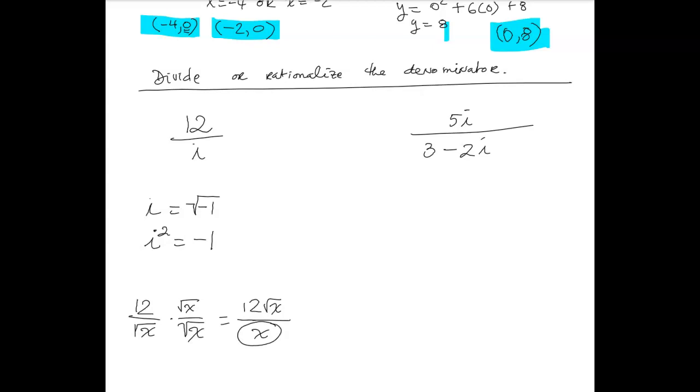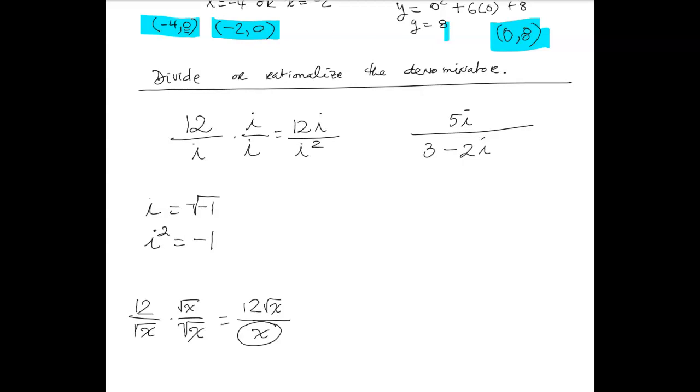But here, the i represents the square root of a number. So we need to rationalize it, right? And because it's just i by itself, just multiply by itself, right? Because it represents the square root. So multiply this by i, and obviously multiply the top by i, and then it's going to become 12i over i squared.